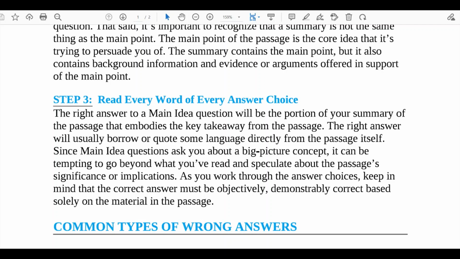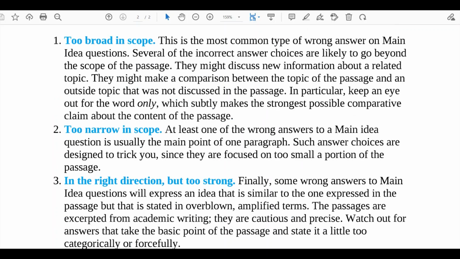Now, let's go forward to the common types of wrong answers. Too broad in scope. This is the most common type of wrong answer on main idea questions. Several of the incorrect answer choices are likely to go beyond the scope of the passage.